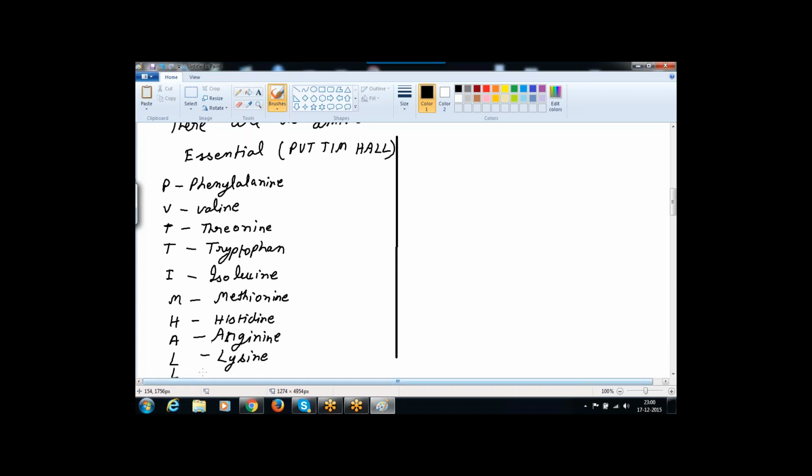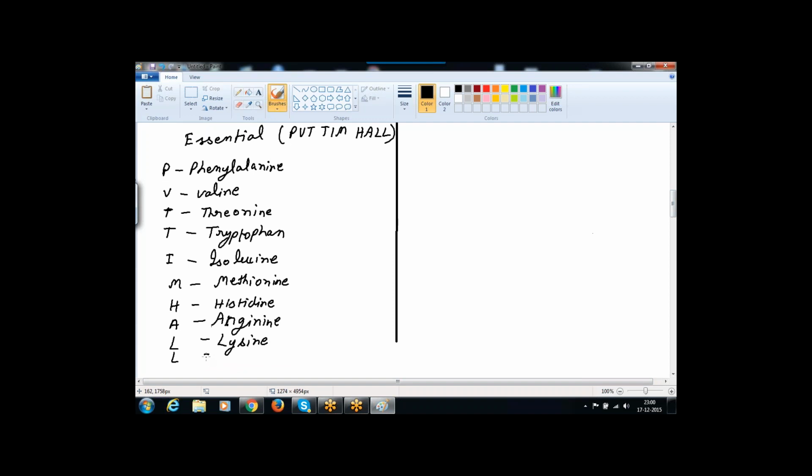And another L stands for leucine. So we have phenylalanine, valine, threonine, tryptophan, isoleucine, methionine, histidine, arginine, lysine, leucine.